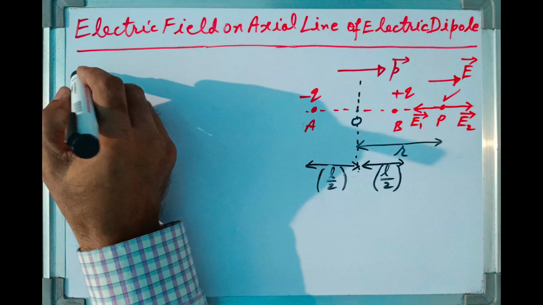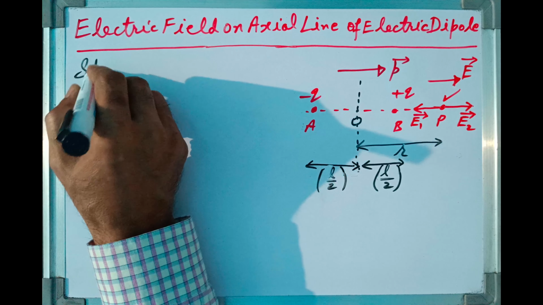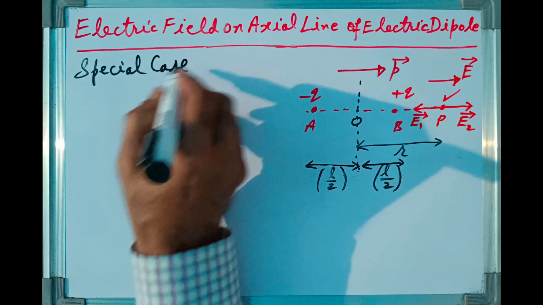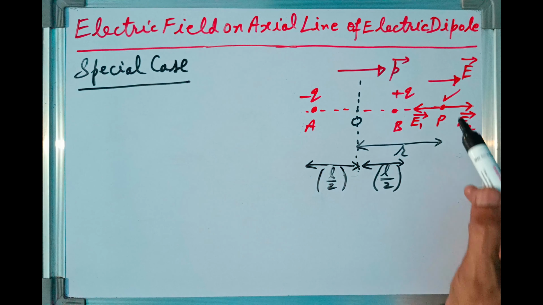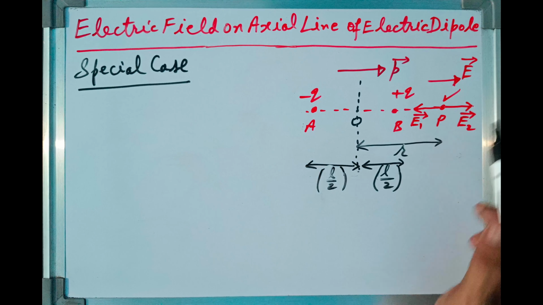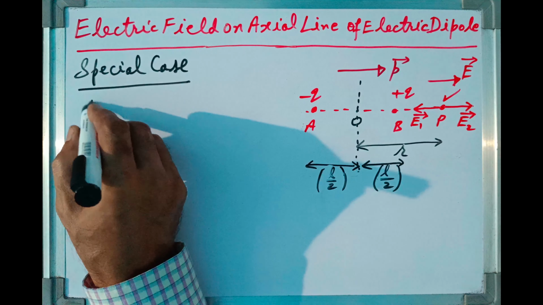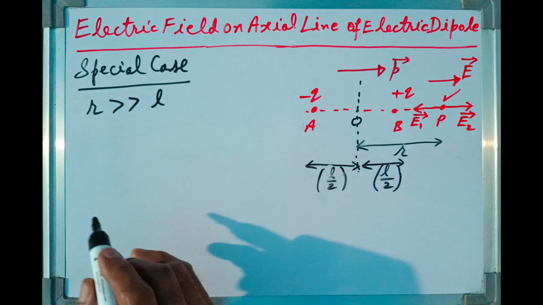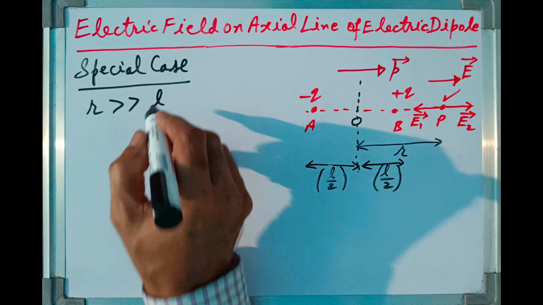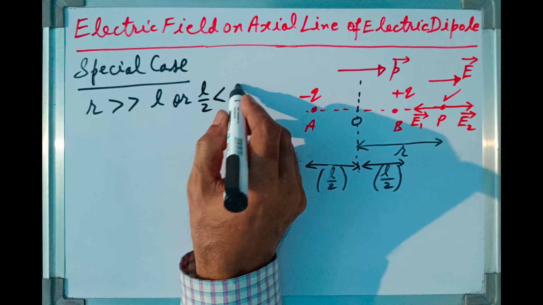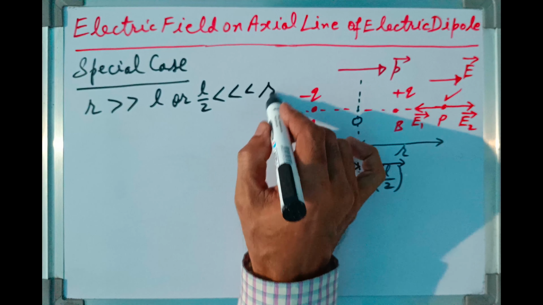Now let me consider a special case. The special case is that if the point of observation P lies far away from the dipole, then r will be very much greater than L, that is the length of the dipole. Or I can write L by 2 is very much less than r.